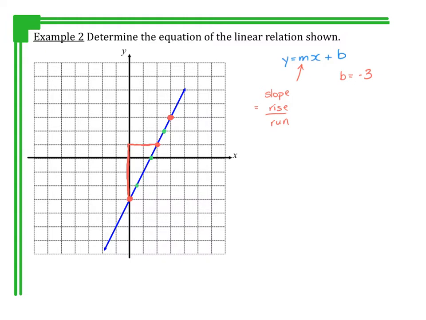Okay, so if I chose those 2 points right there, the rise would be 1, 2, 3, 4. Okay, and the run would be 1, 2.